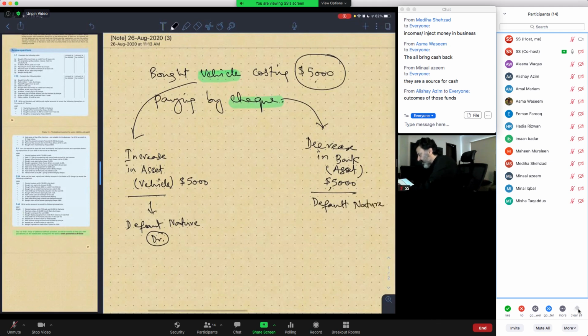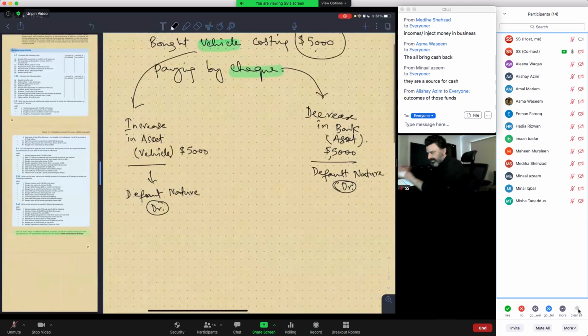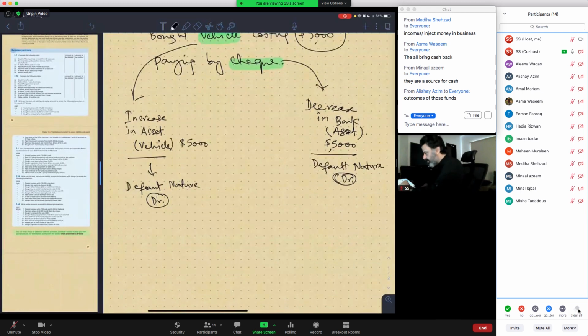Bank is also an asset, which also has a debit nature, or DR, short for debit, right? Not doctor, it's debit. It's a strange way of denoting debit, but that's how we do it. So what is happening now, since it is increasing, an increase in the default nature debit will be further debited.